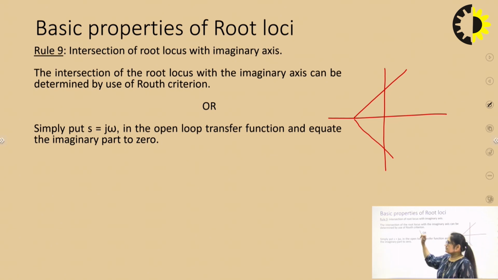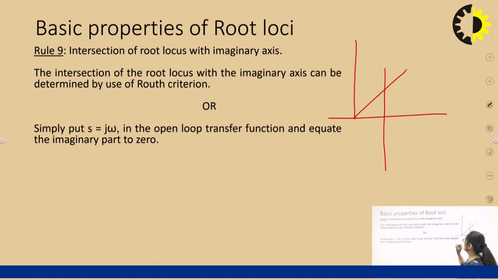So, at which point on the imaginary axis does the root locus pass? That is to be found out. Or there is a possibility that a particular locus does not cut the imaginary axis. It can pass through the straight line.